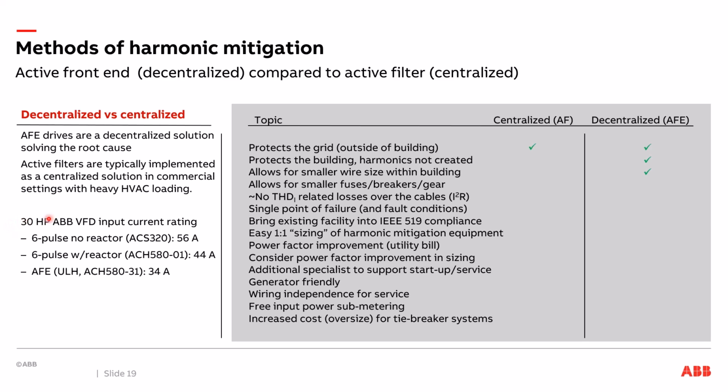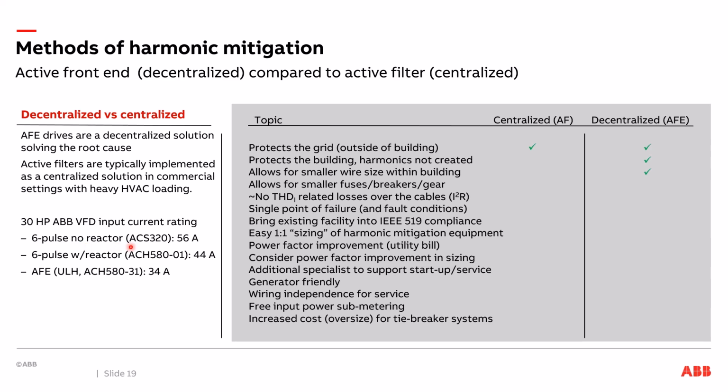So for a 30 horsepower 480 volt drive, depending on the drive family and the harmonic mitigation being used, I could have a 56 amp, 44 amp, or 34 amp current rating. Your upstream power wires, your breakers, things like that are all sized based on the input current rating. So you can see that this drive, because it's very low harmonics, can have everything upstream be smaller size.